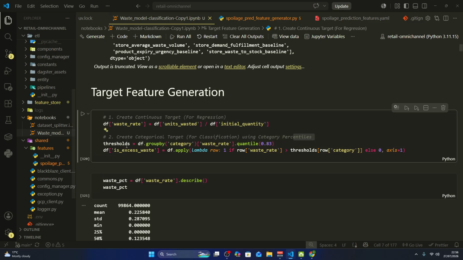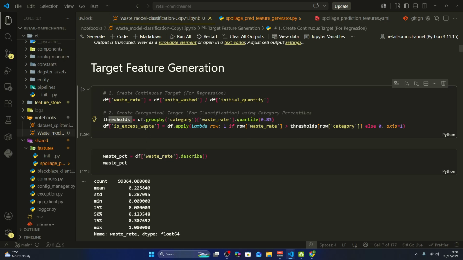Then with that, we're able to calculate the threshold. Then we're just applying the threshold to determine the target distribution, the 1 and the 0. One means that the waste rate is greater than 83%, and we consider that as excess waste.